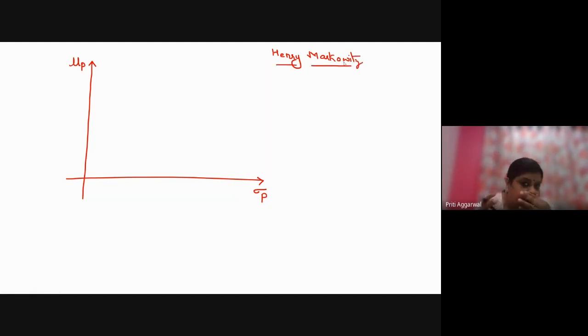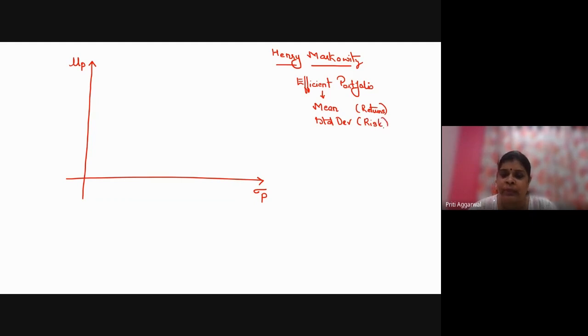Henry Markowitz said that in order to get an efficient portfolio, the two important parameters I am using are only my mean and my standard deviation, or to put it another way, my returns and my risk. These are the only two parameters I am using to develop an efficient portfolio.